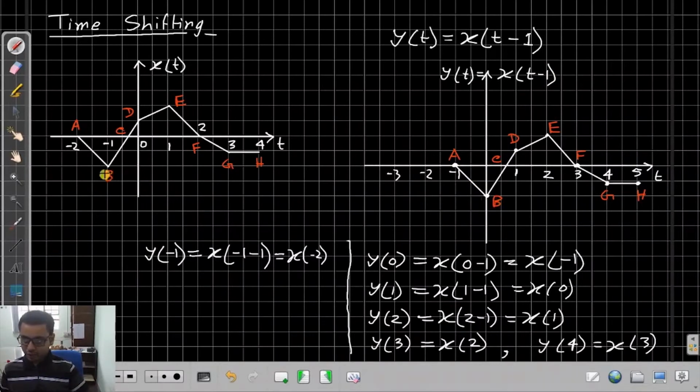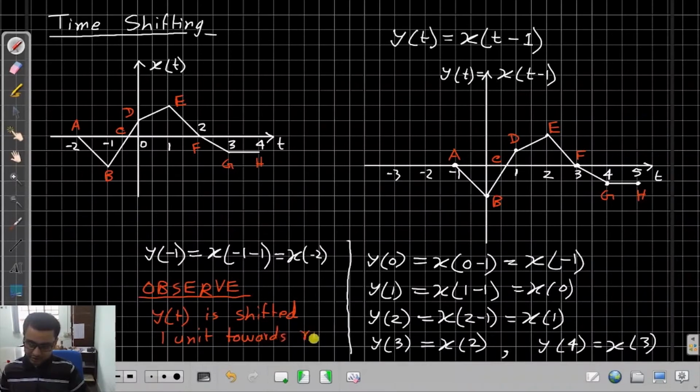Okay, point B was at minus 1, now point B is at 0. So observe, yt is shifted 1 unit towards right.